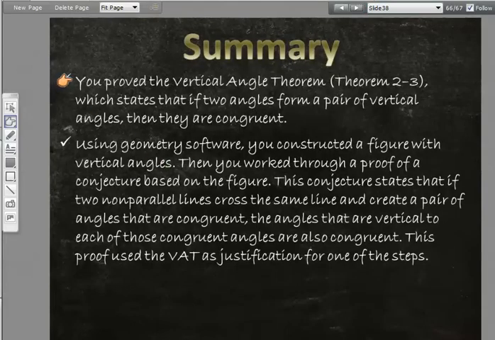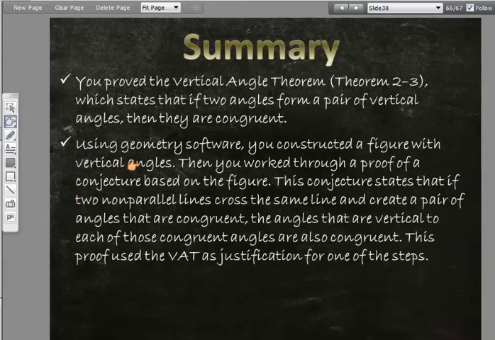All right, what we talked about in this lesson, as you go through the reference guide and the LMS, you will be proving the vertical angle theorem, which states that if two angles form a pair of vertical angles, then they're congruent. And I showed you about using the geometry software. You should go through and try constructing this figure, okay?